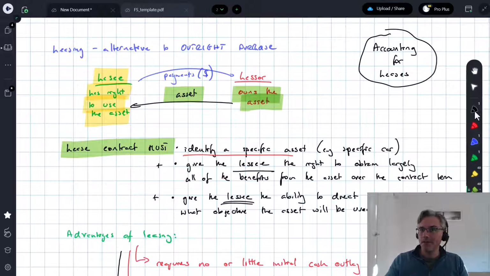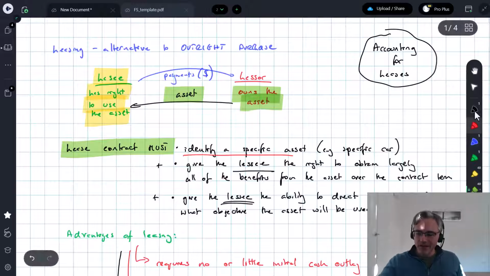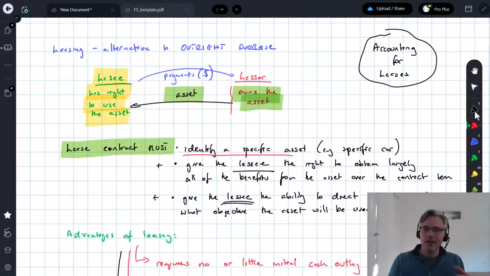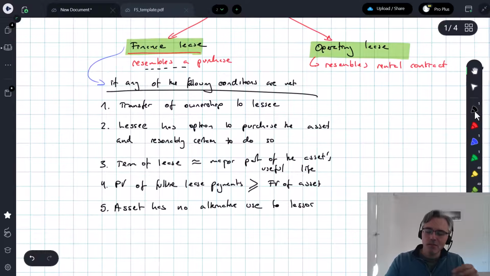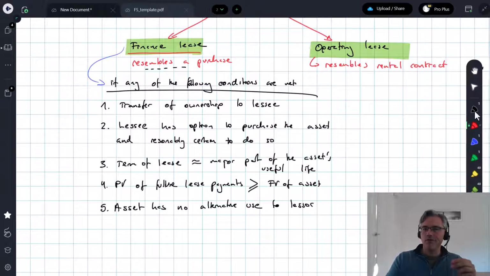An asset maybe that has been in some way modified to meet the requirements of the lessee, to fit into a production line, special machinery, etc. And if that's the case, and if you stop making these payments, the lessor wouldn't have much of a use for that asset. The agreement will pretty much be designed in such a way to commit the lessee to keep paying for the asset for the duration of that asset's life, which means this resembles a purchase. So that's when you've got yourself a finance lease.